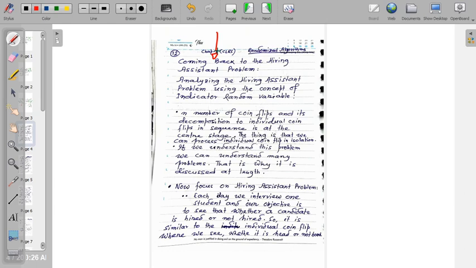Now we are ready to analyze our hiring assistant problem. All that knowledge we are trying to apply in our computer science field. For the hiring assistant problem, we are developing algorithms, and we are trying to analyze how our algorithm will perform.